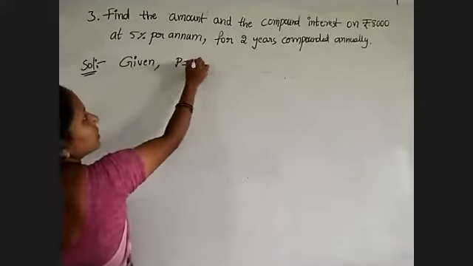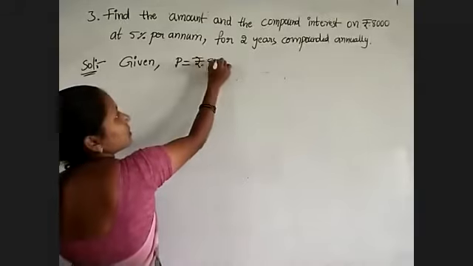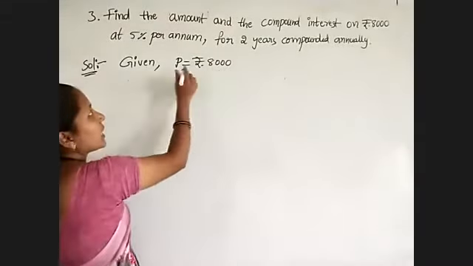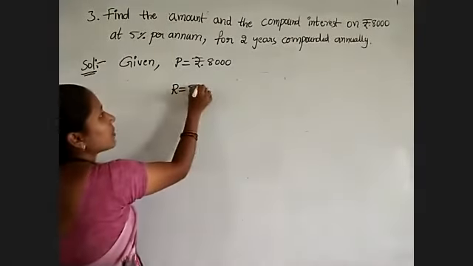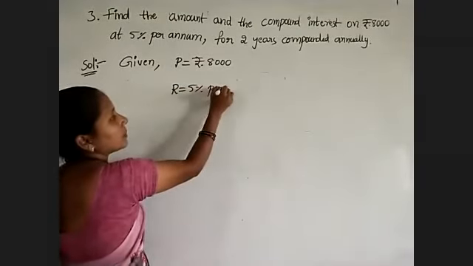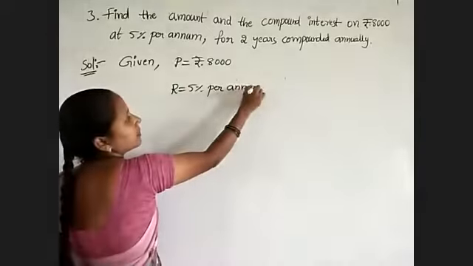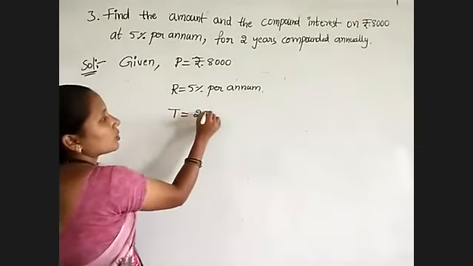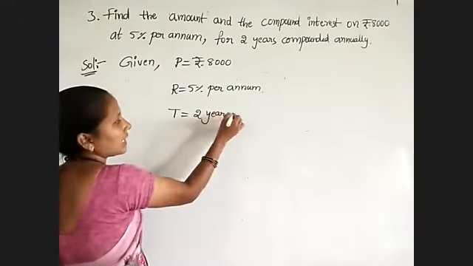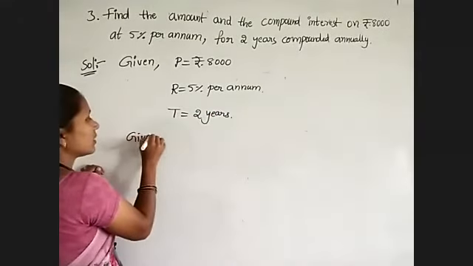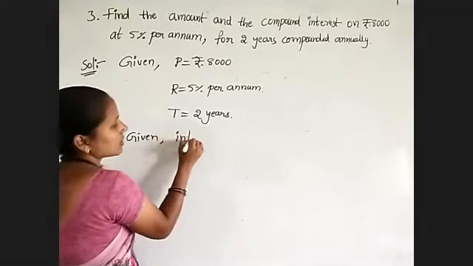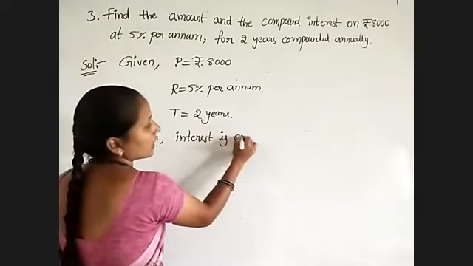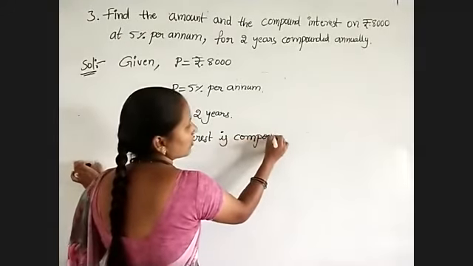Given: principal is equal to 8,000 rupees. On this amount, the rate of interest is 5% per annum, and the time period is given as 2 years. And it is given that interest is compounded annually.